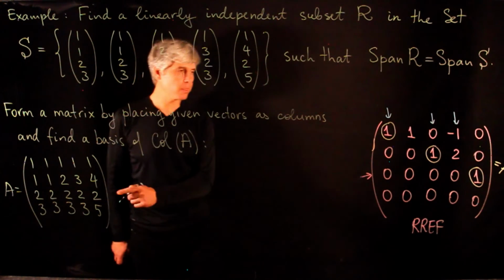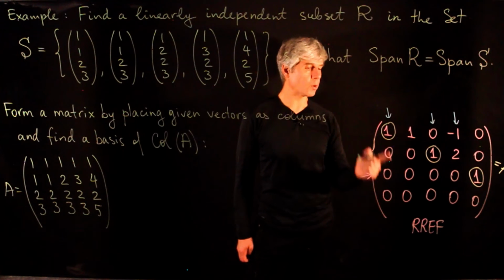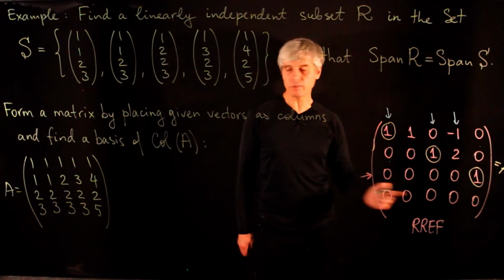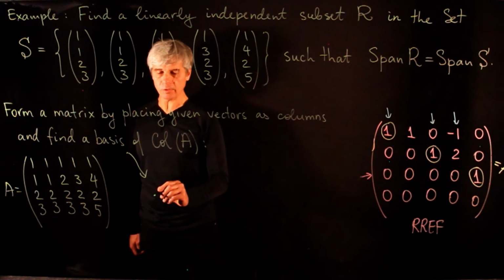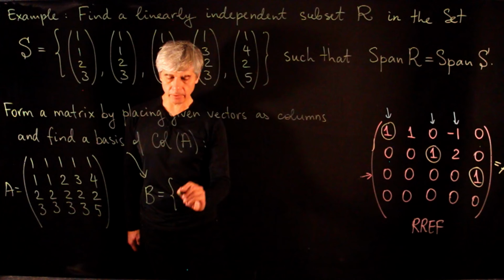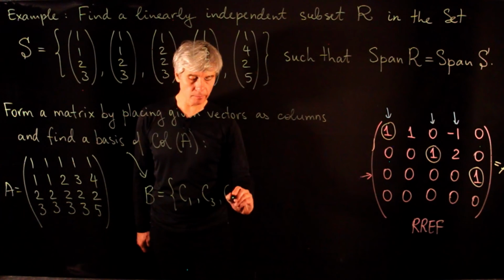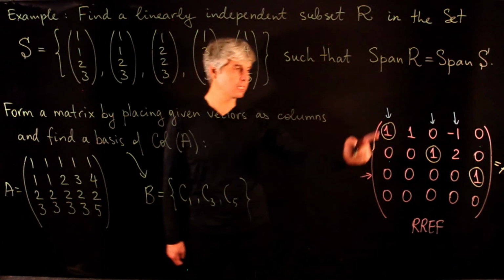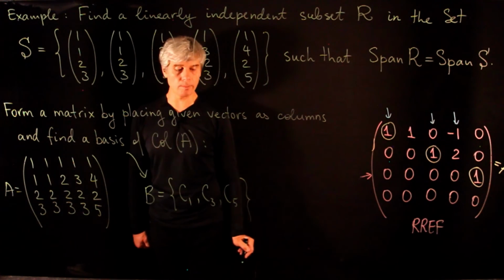Our method was: take this matrix, find its reduced row echelon form, look up the locations of pivots, and say that the basis of the column space of A is B, which consists of column 1, column 3, and column 5. These are the locations of pivot columns in the reduced row echelon form.